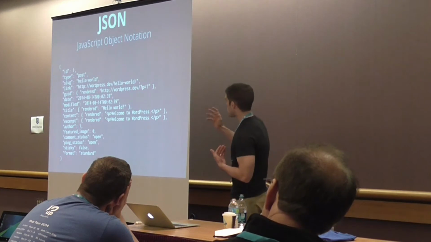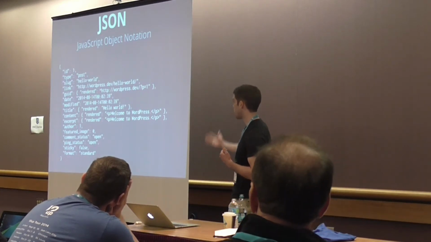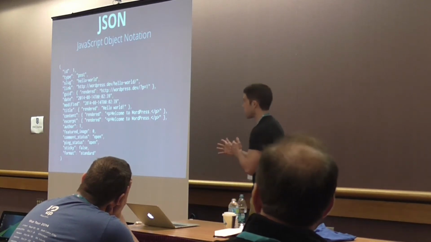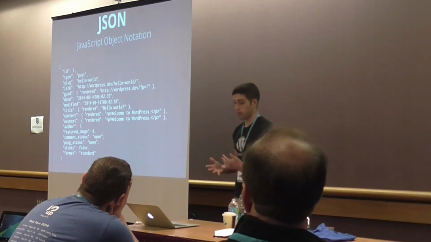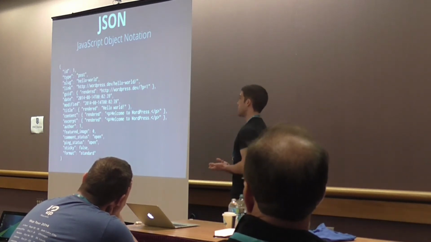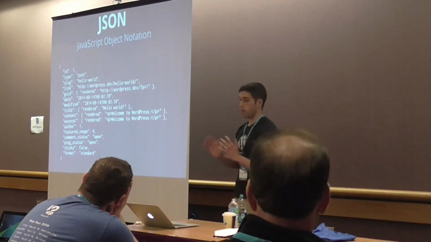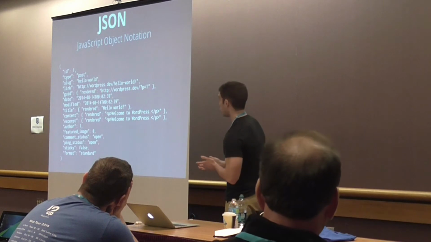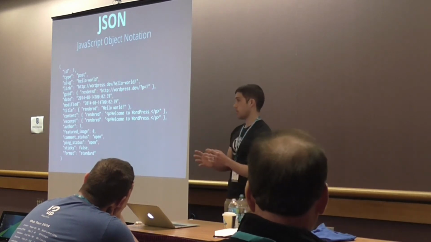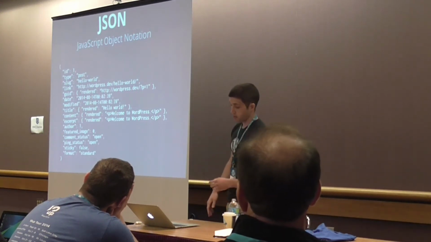And you can see that it's structured very similar to a JavaScript object, if you're familiar with what a JavaScript object looks like. It itself is not a JavaScript object, it's text. It's just text, but it follows this syntax. And one of the nice things about JSON is that it's very easy to convert back and forth, especially in the browser, but almost any programming environment, PHP included, makes it easy to take a piece of data, convert it to JSON, and then vice versa, take a piece of JSON text and convert it back into its data representation.